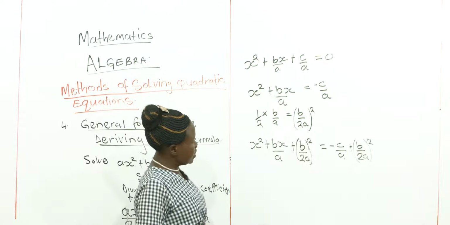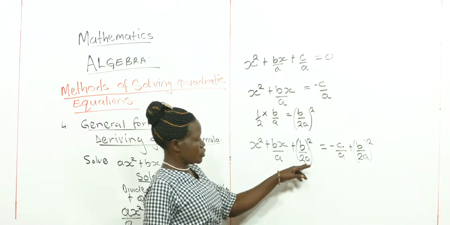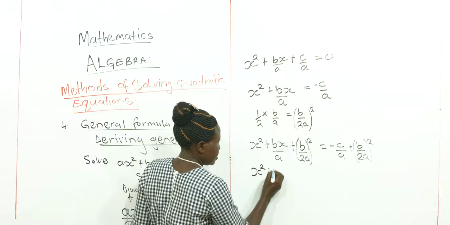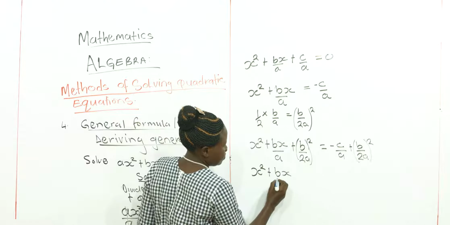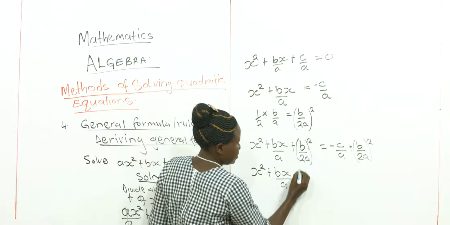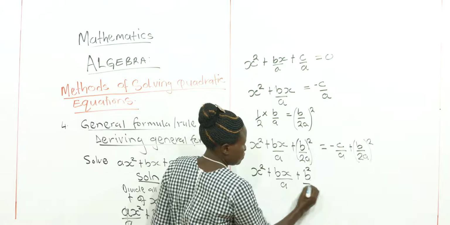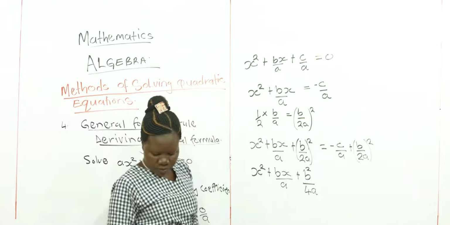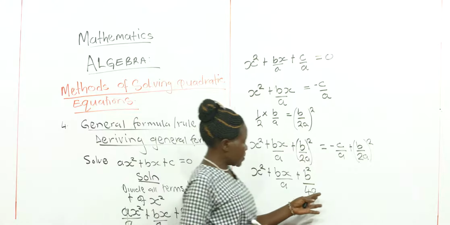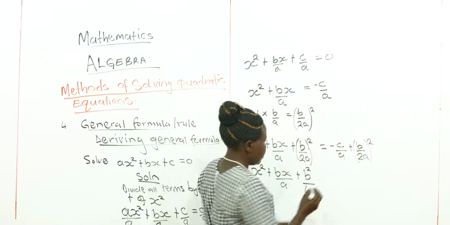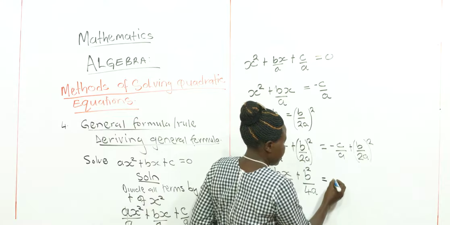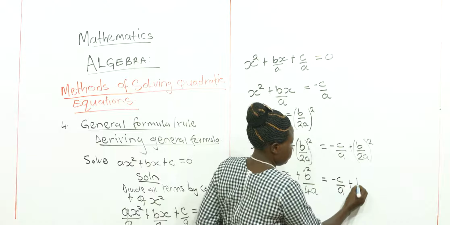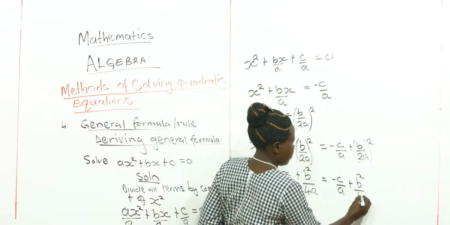For that, we square b and also square 2a. We now have x square plus b x out of a, plus b square out of 4a, and here we have equals negative c out of a plus b square out of 4a.